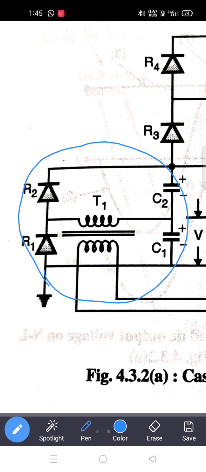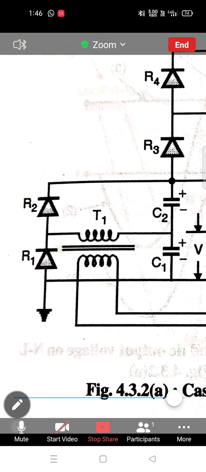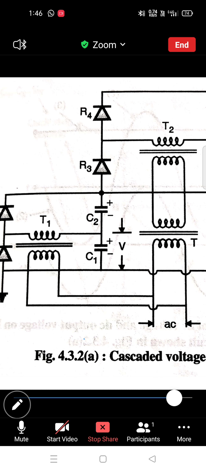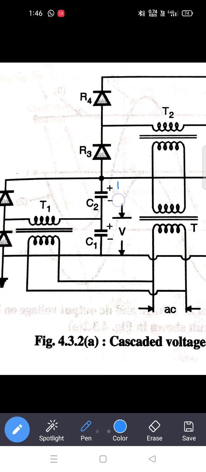Across C1 you can see the input voltage V. Whatever the input voltage is, C1 will be charged up to V, then C2 will charge up to 2V, right?